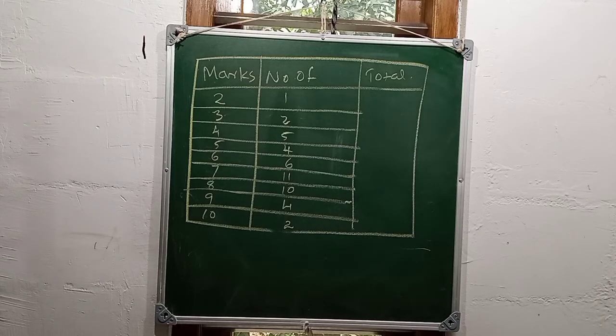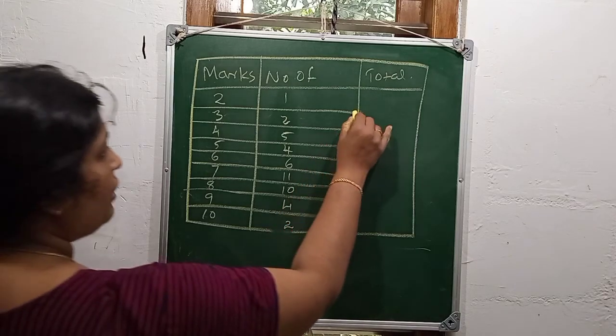To find the average mark from a table, we should find the total of the marks and the total of the students. So first I am going to write the total.